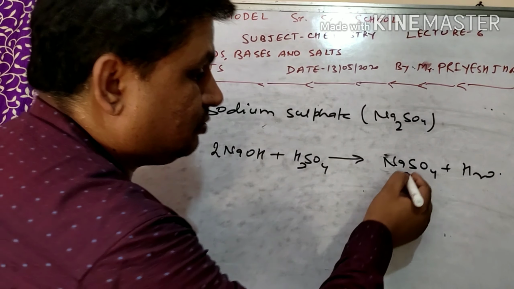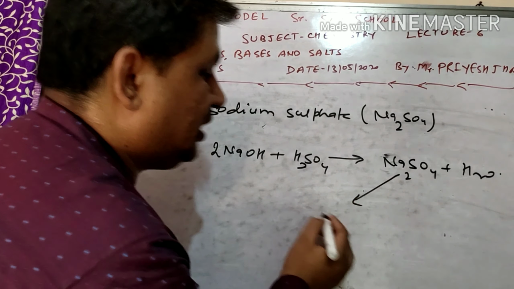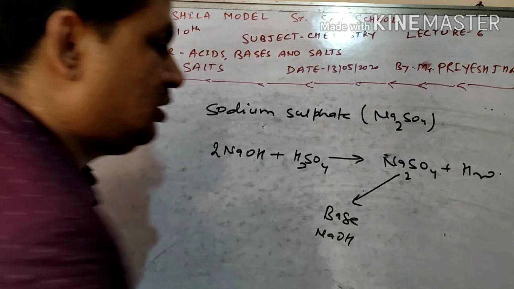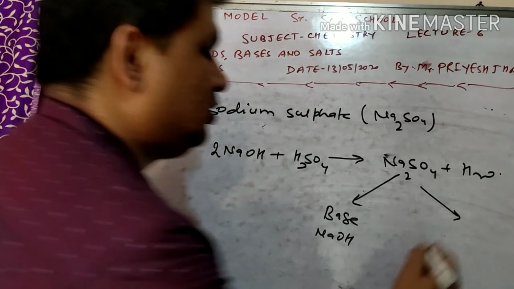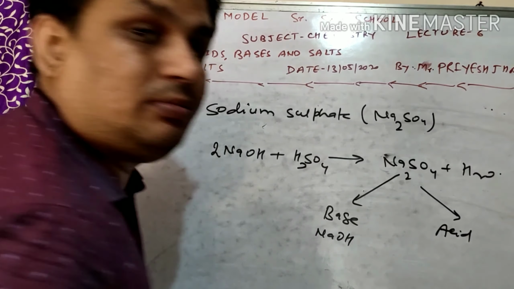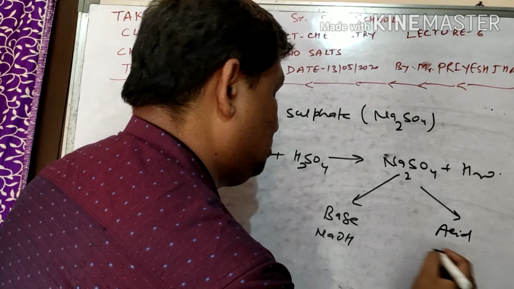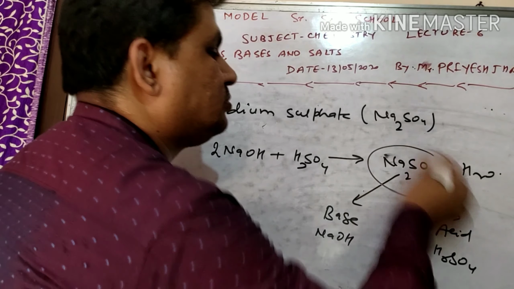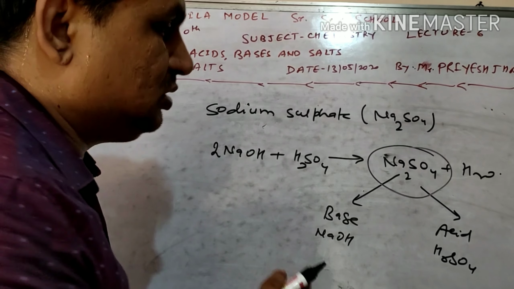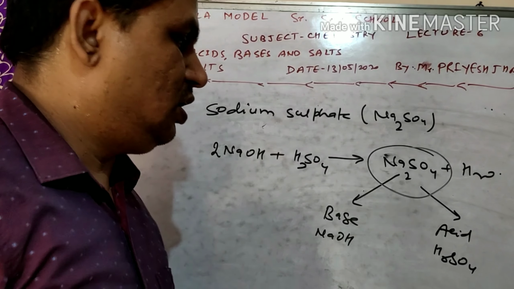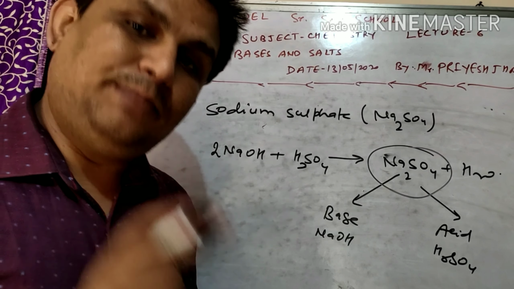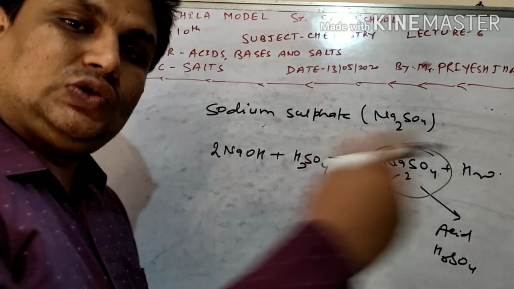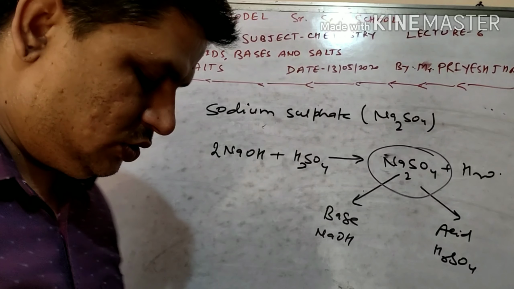In the case of sodium sulfate, the first part, sodium, is obtained from the base, that is NaOH, and the second part, sulfate, comes from an acid, that is H2SO4. So in the name of any salt there are two parts: the first from the base and the second from the acid, and they combine to give the name of the salt.